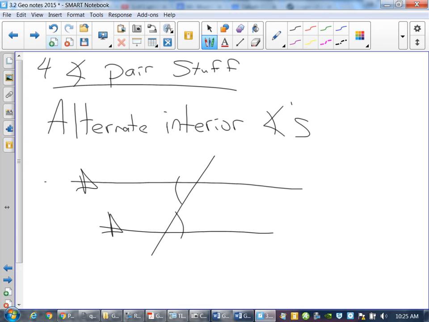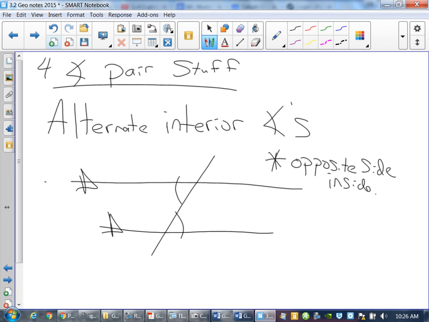Alternate interior angles are ones that are on opposite sides on the inside. Easy way to remember it: opposite side, inside. It's the easiest way to do it.